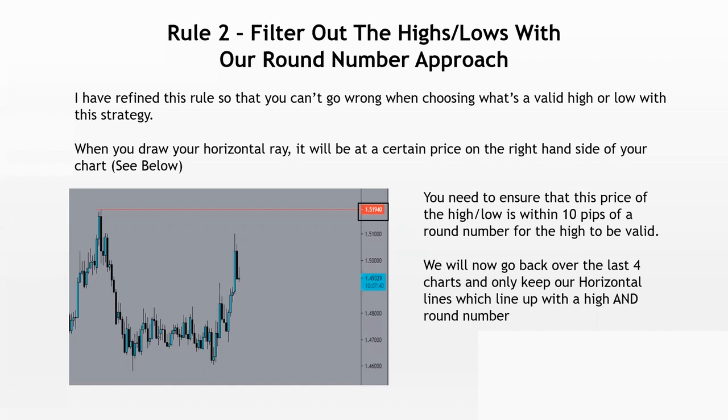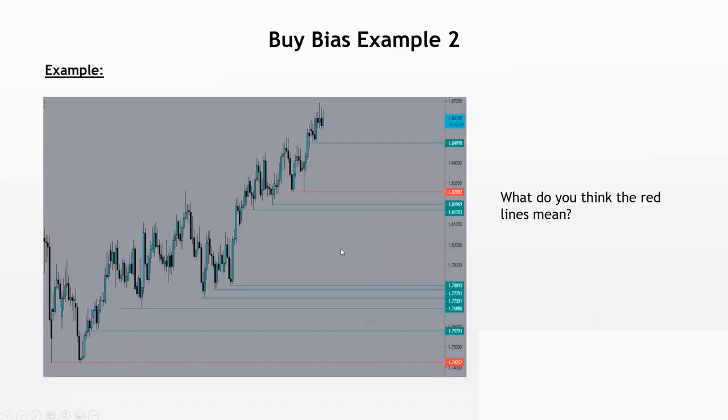If your line, for example, if I go back one minute, guys, let's say, I don't know, let's target just this low here. If we look at what price this low is at, it's at 1.7579. So that is 21 pips away from a round number, okay?